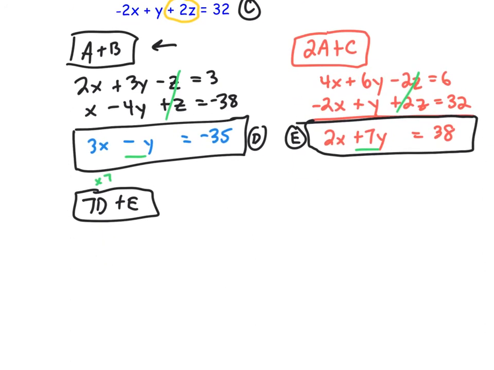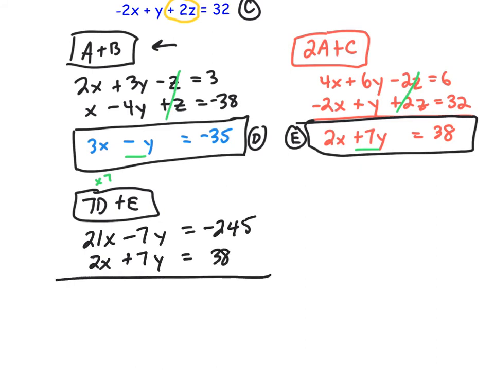So let's multiply everything in D by 7. So we got 21x minus 7y equals negative 245. I just punched that into my calculator. So that's 7D, and then E, we're just going to write down as is. That is 2x plus 7y equals 38.